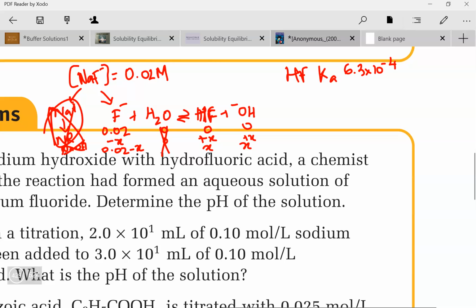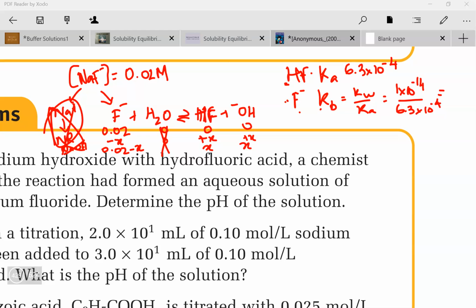And therefore, to calculate the Kb of F minus, we do Kw divided by Ka. 1 times 10 to the power of negative 14 divided by 6.3 times 10 to the power of negative 4 gives us the Kb, because this is a conjugate acid-base pair, and so the Ka times the Kb is going to equal the Kw, so we can just rearrange to solve for that.